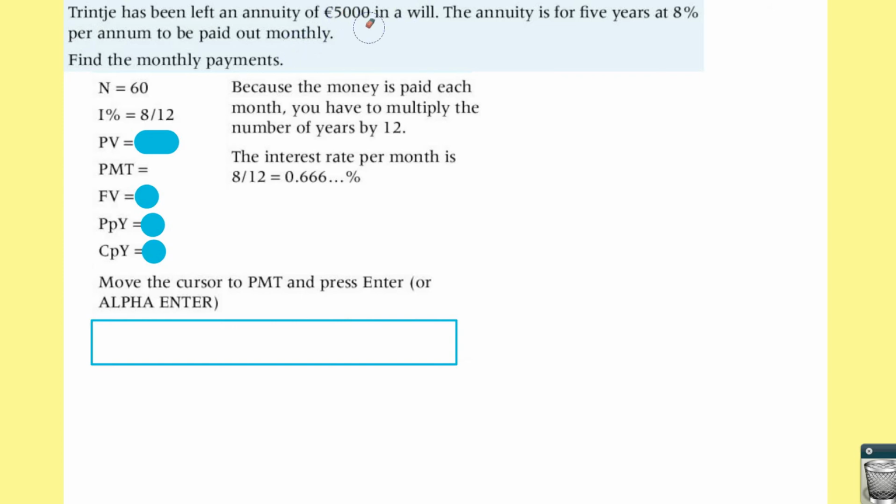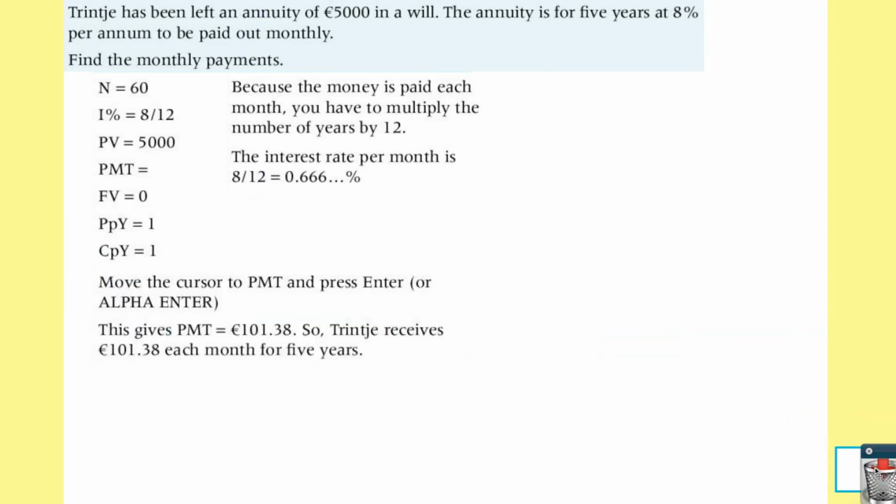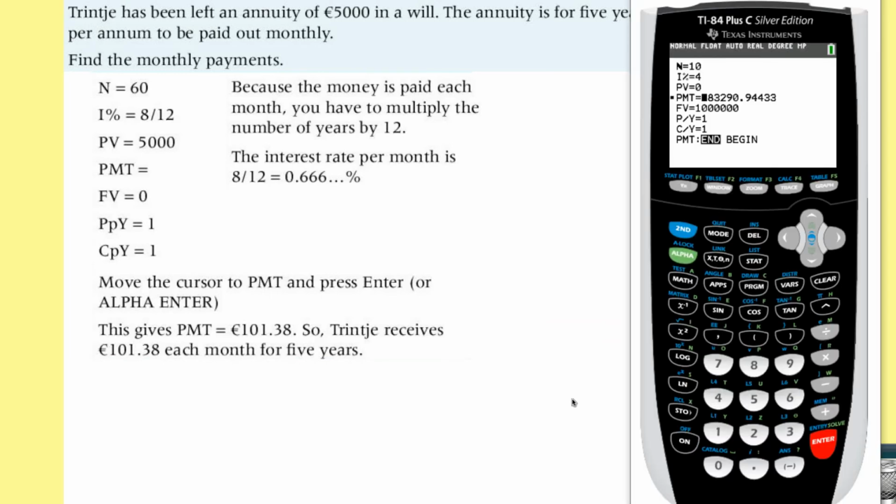We were given 5,000. We're not figuring out a future value here. We're getting that payment, and we're going to leave PPY and CPY as 1. So move over to payment and solve. Again, we're doing 60 because it happens 60 times at an interest rate of 8 divided by 12.